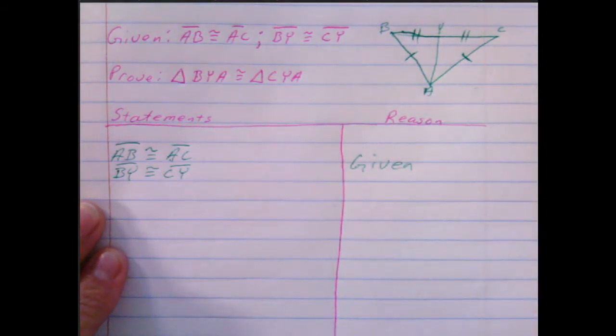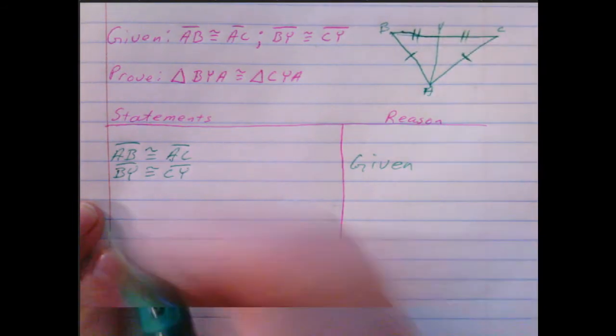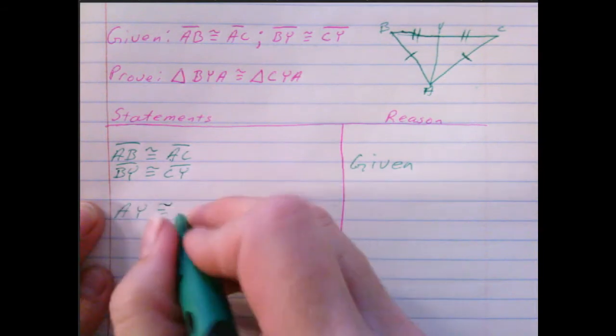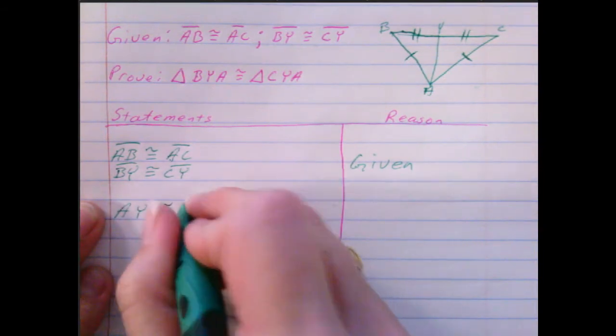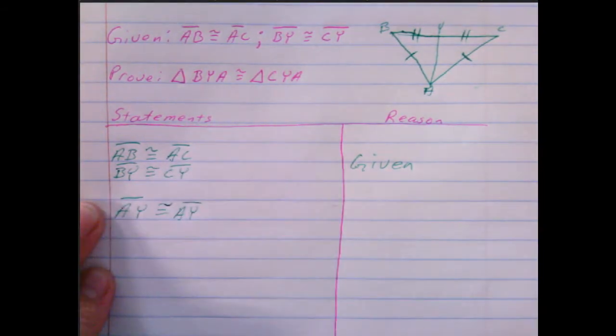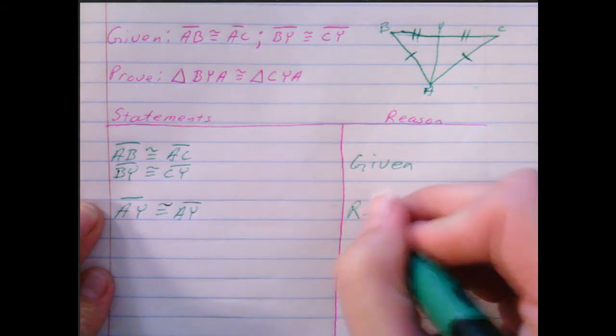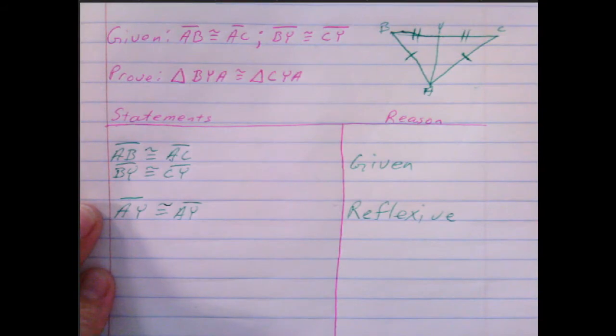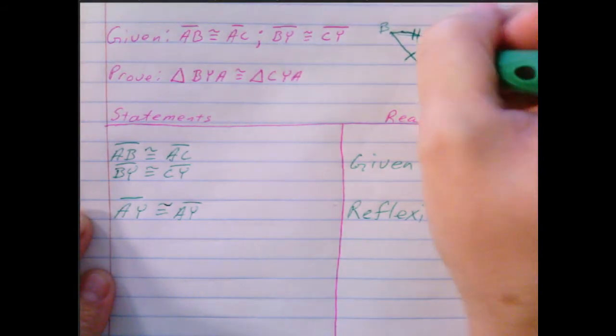So then our next step here, the only one that we don't have is this one right here. So I'm going to say AY is congruent to AY, and that is our reflexive property. Okay, so now we have this one.